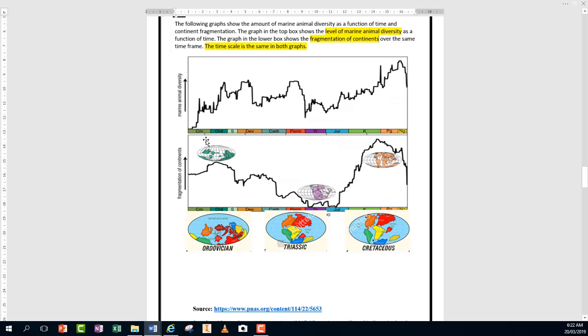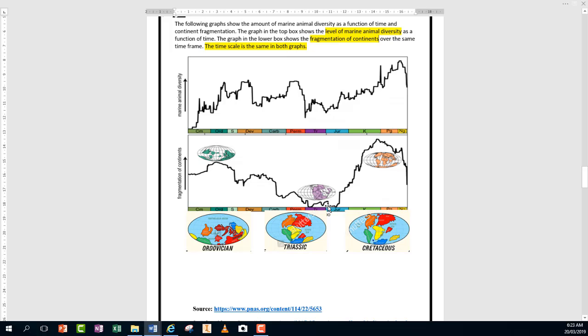So we've got this fragmentation, and the world's pretty much fragmented like it is now in this one here. And actually you've got more in the Cretaceous. That's interesting when you look at it. The Cretaceous stage has more continental fragments than it does now.